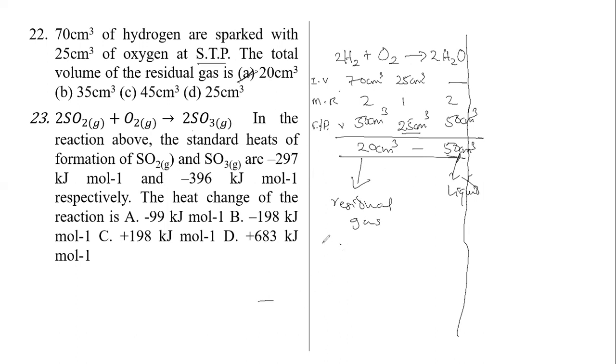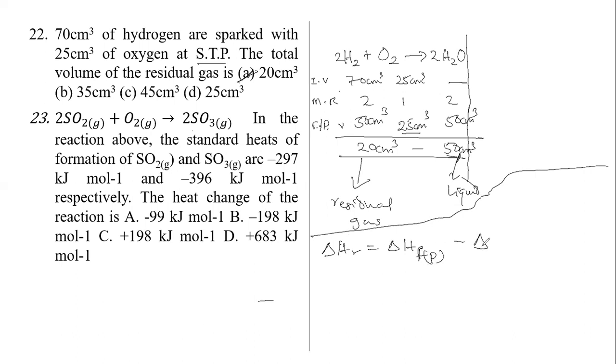Now, question number 23. The enthalpy of reaction is the enthalpy of formation of products minus the enthalpy of formation of reactants. Now the product is this one.